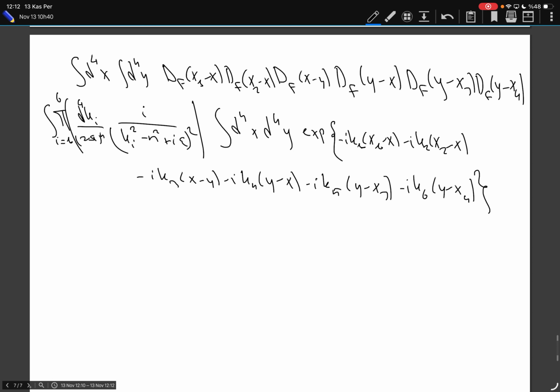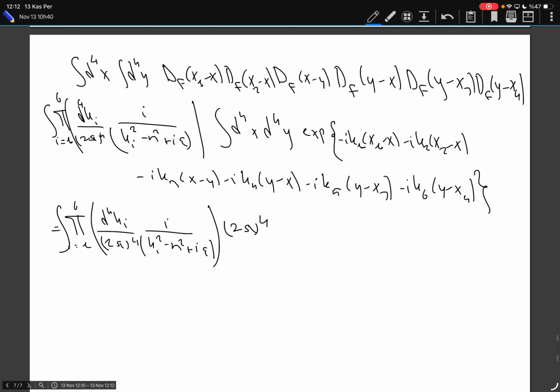Well, the x and y integrals are trivial. No, so there is no square over here. Each one of them will bring me a Dirac delta, (2 pi) to the 4.